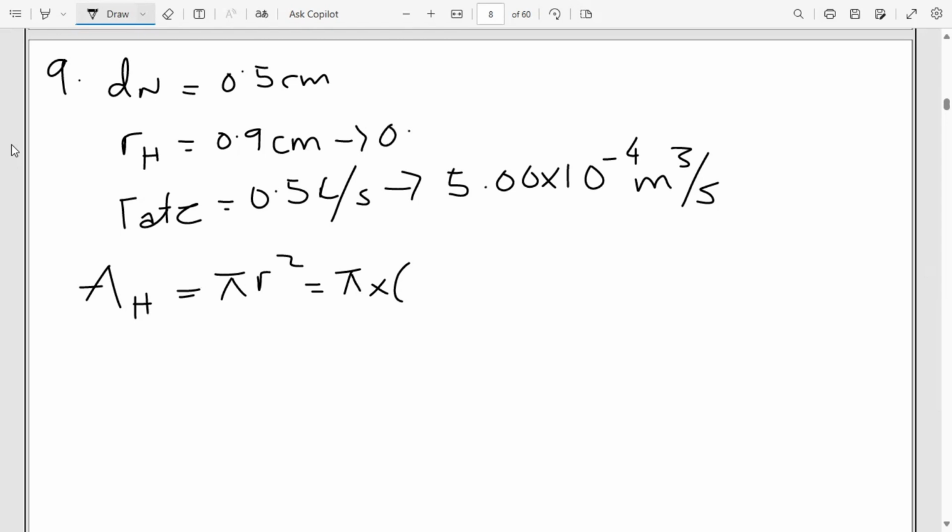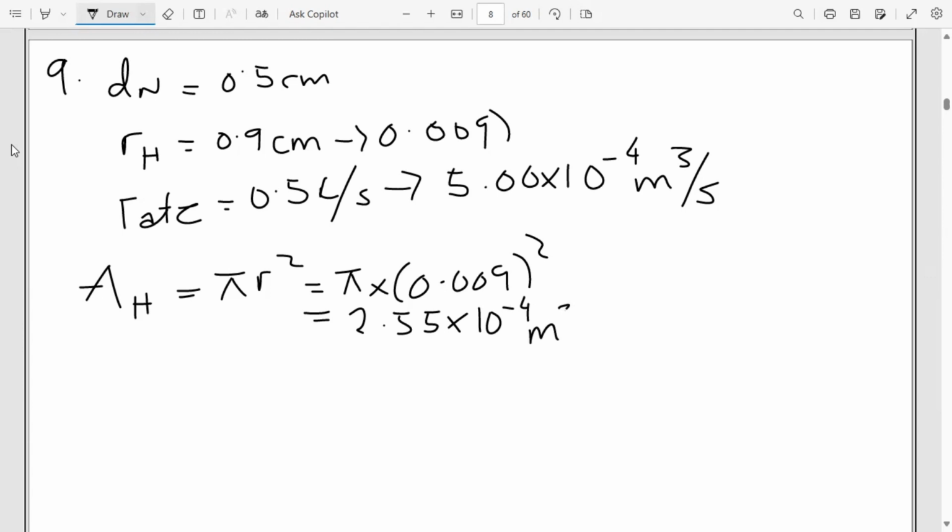So this is going to give us 0.009, then squared, which is going to give me the cross-sectional area of the hose to be equal to 2.55 times 10 to the power minus 4 square meters.